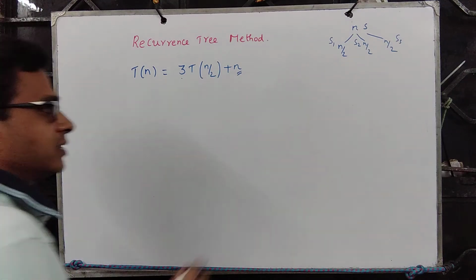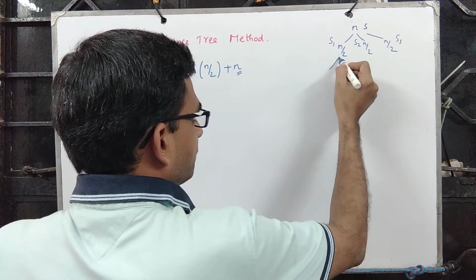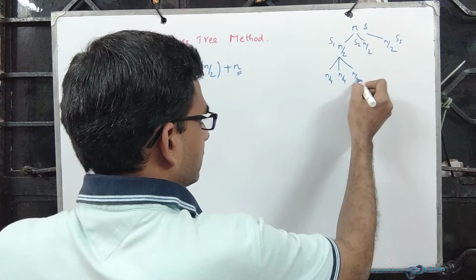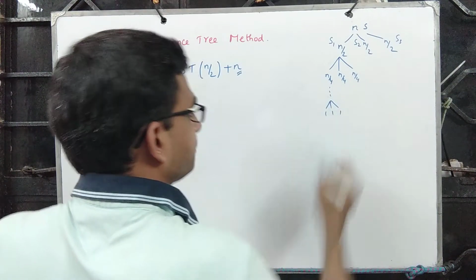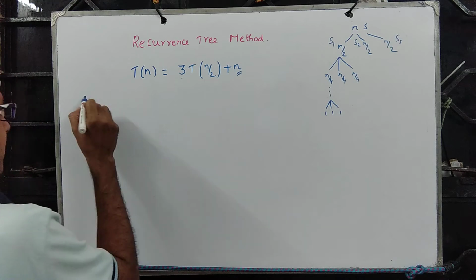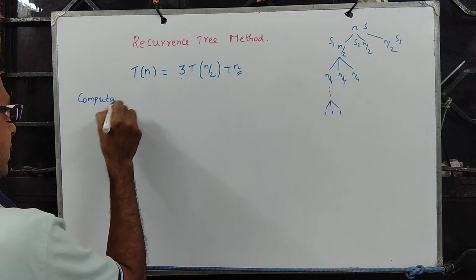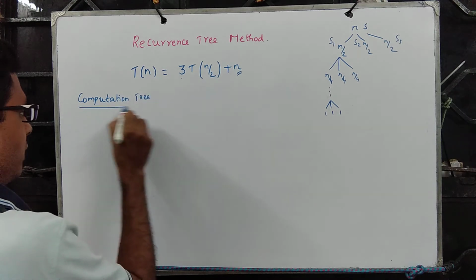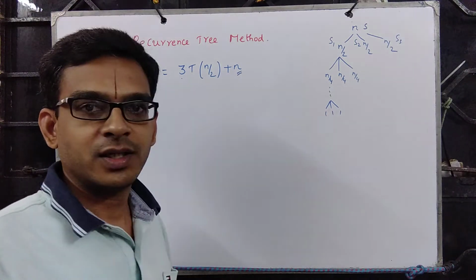Now, as always, on one side the input reduction tree, this becomes n by 4, and like that it goes. After a while it reaches 1. Now what we are interested in is the computation tree: how much cost we incur at each node to combine the solutions from subproblems.